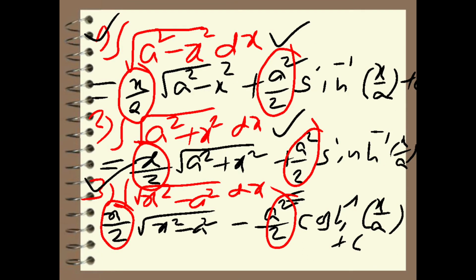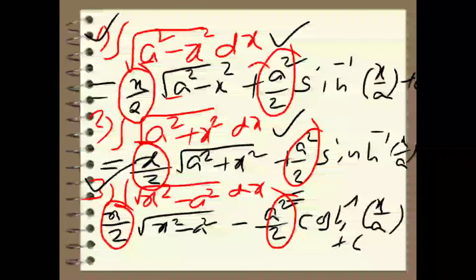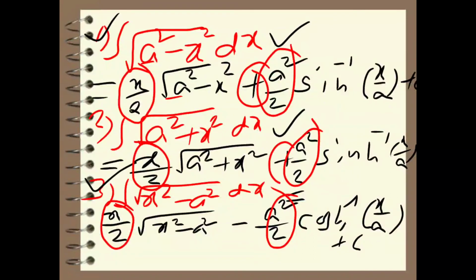So whether root a square minus x square, root a square plus x square, or root x square minus a square, in the first part x by 2 is there, in the second part a square by 2 is there. And in between the two parts we get plus. Okay, so this is clear. Step 1: x by 2, a square by 2. The first part consists of x by 2, the second part consists of a square by 2.